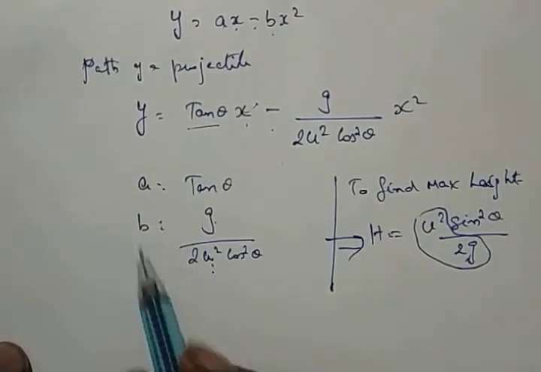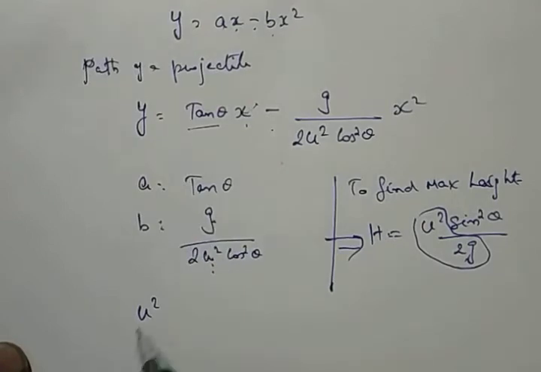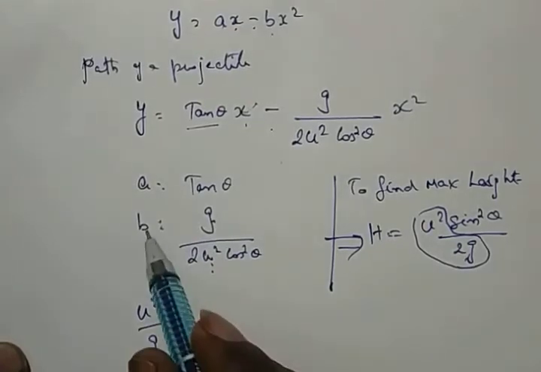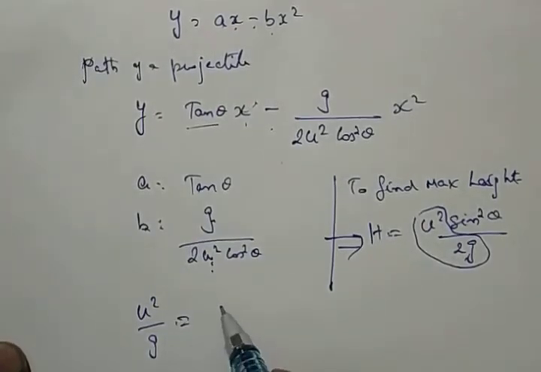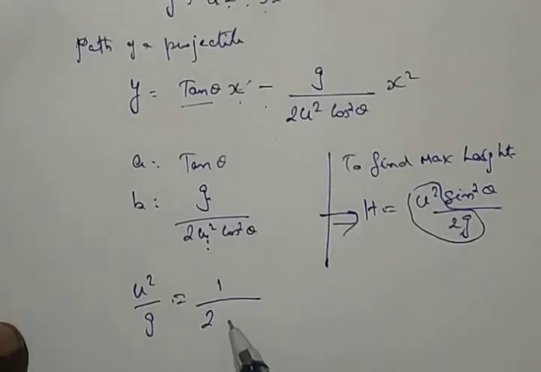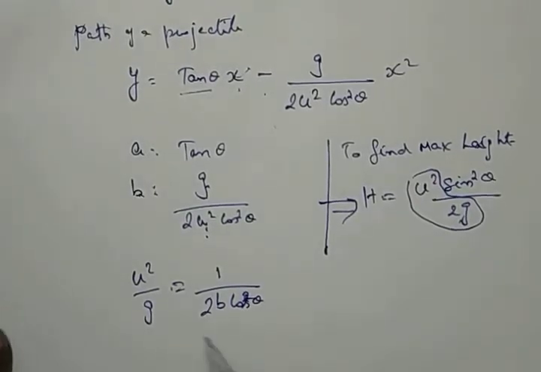So u square you take it above, g you take it down, and b you bring it down here. It is going to be equal to 1 upon 2b cos square theta. So u square upon g is this one.